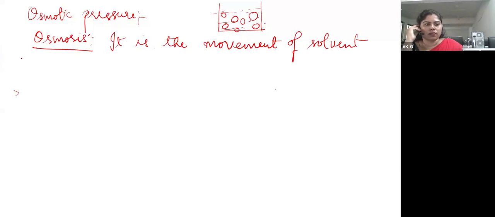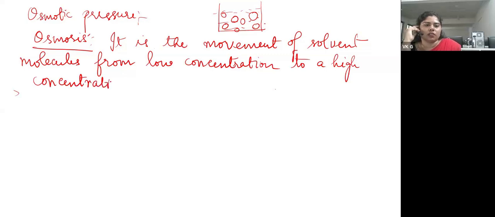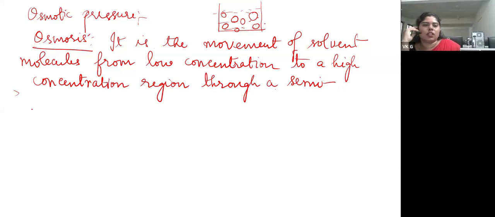Solvent molecules from low concentration to a high concentration region through a semi-permeable membrane. Through a semi-permeable membrane. This is what you call osmosis.